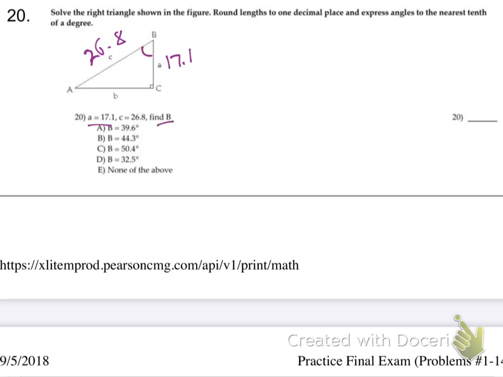Well, this one, notice, is a right triangle. This angle here is a right angle, as the picture shows, that little box in the corner. So that means we do not have to use law of sines or law of cosines, right? When we have right triangles, we use SOHCAHTOA.